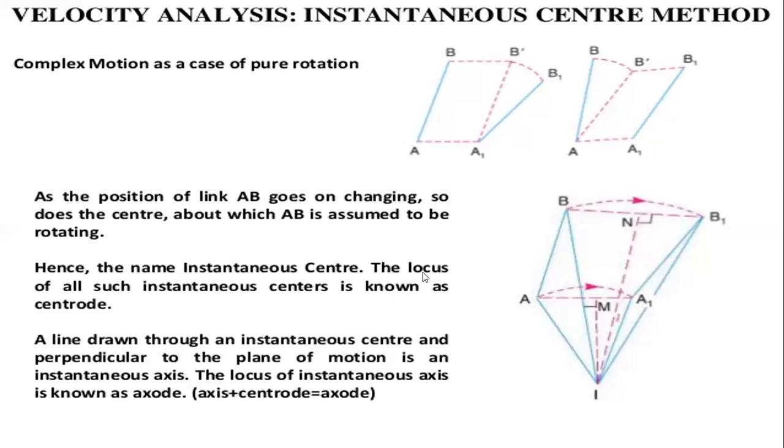The locus of the instantaneous axis is known as the axode. The combination of the axis plus centroid is called the axode.